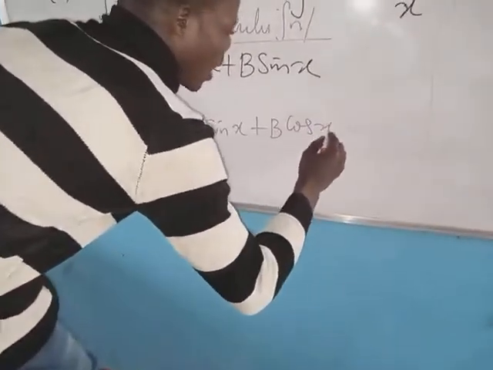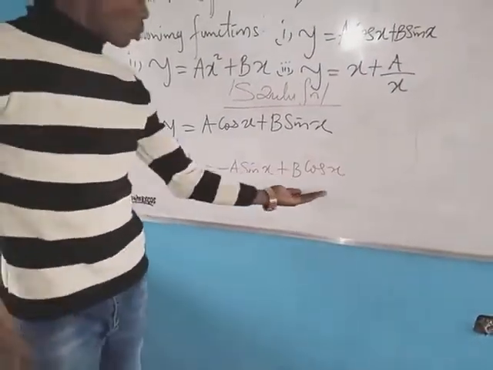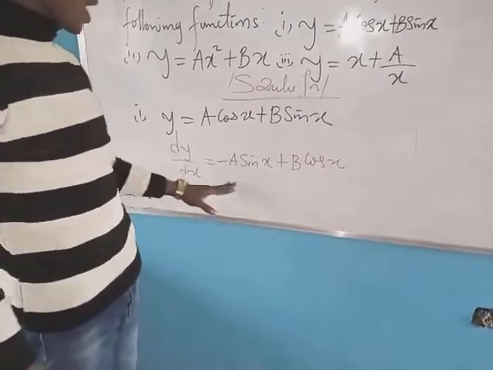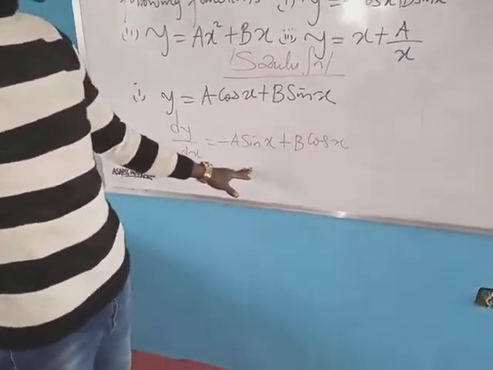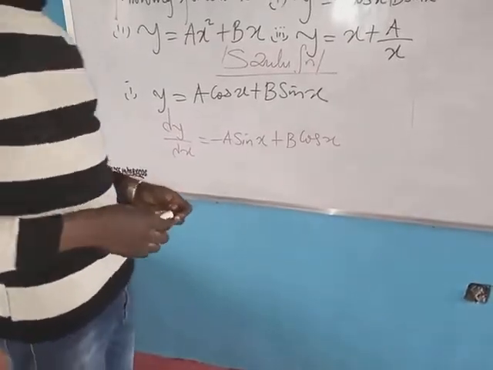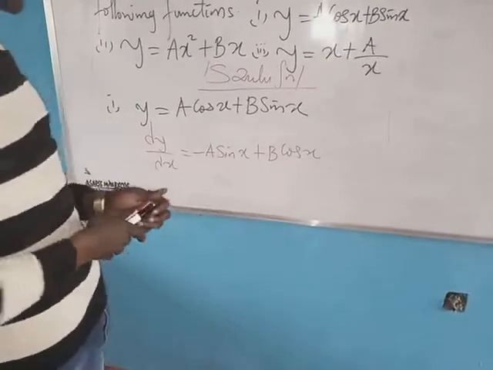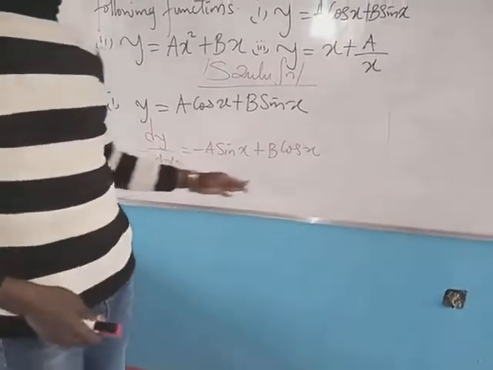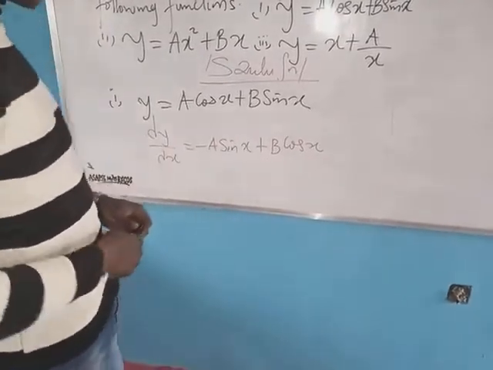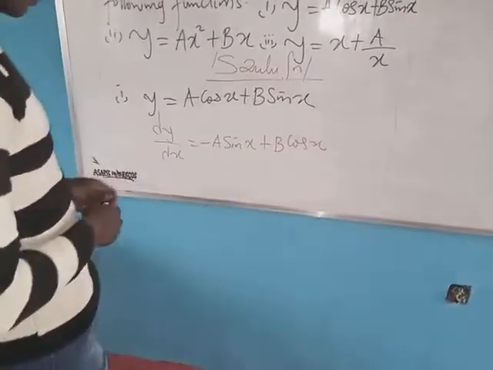Now, what are we going to do? There's no way we can eliminate A and B at this junction. We have to differentiate again in order to see what we can do to eliminate A and B. You agree with me?